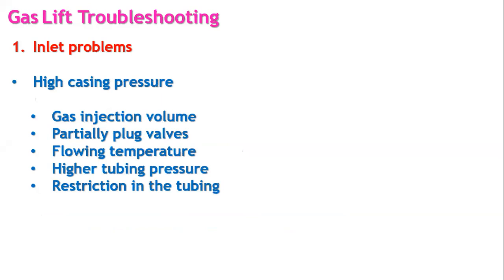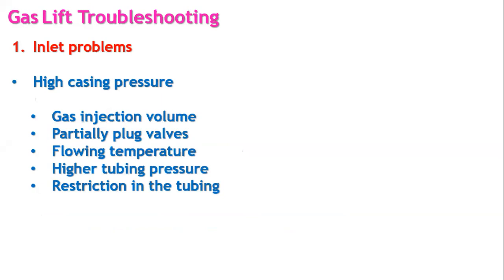And in the inlet problems, high casing pressure is due to gas injection volume, due to partially plugged valves. We are then increasing the pressure because we are restricting the flow. The flowing temperature is changing.